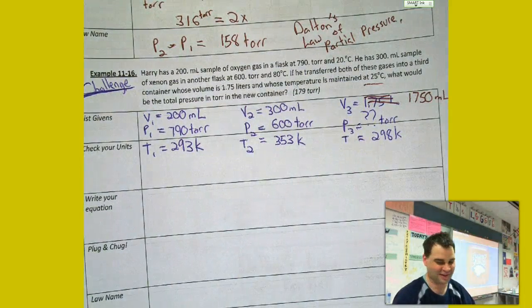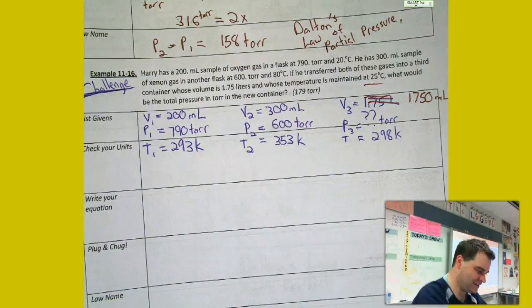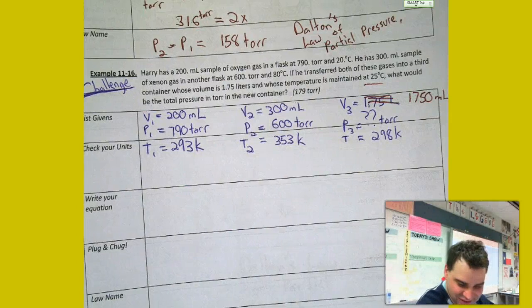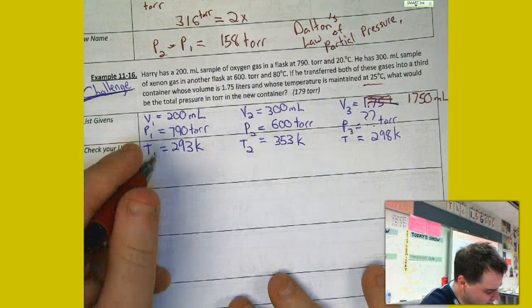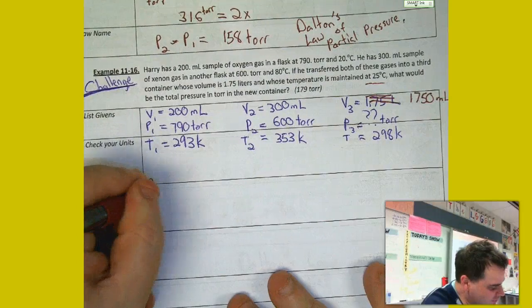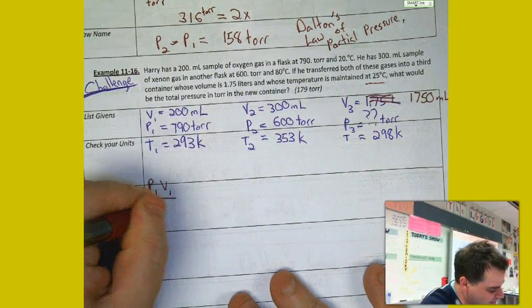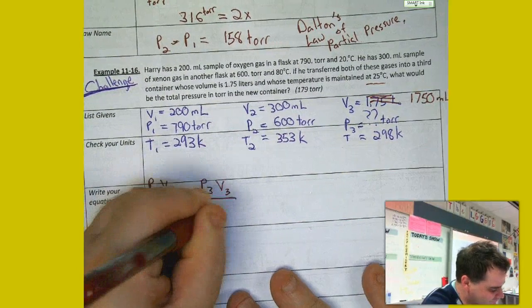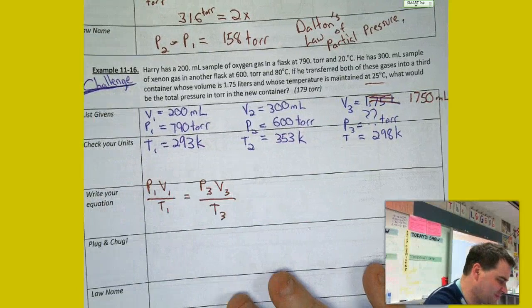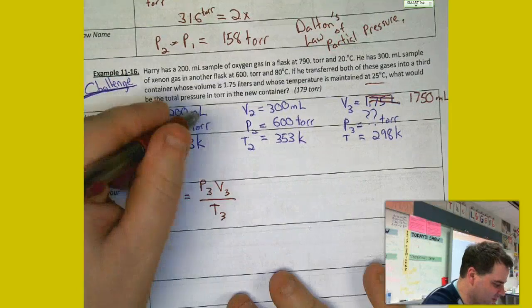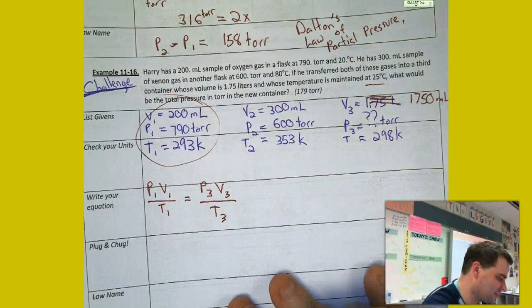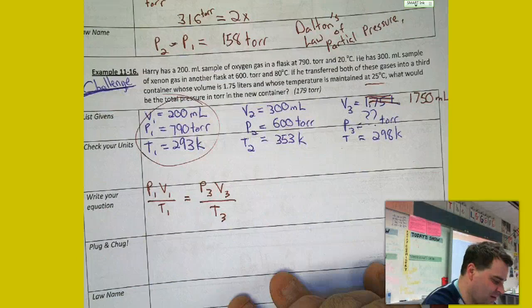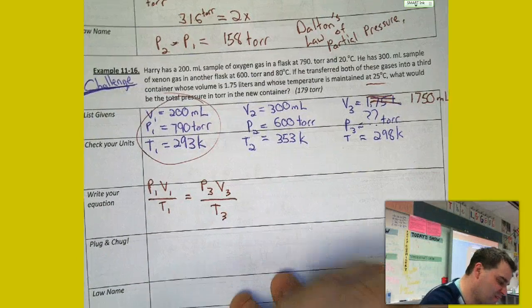Okay, so here we go. The first equation I'm going to use here is P1 V1 over T1 equals P3 V3 over T3. That is taking into account just the oxygen. Then I also have to take into account the xenon.